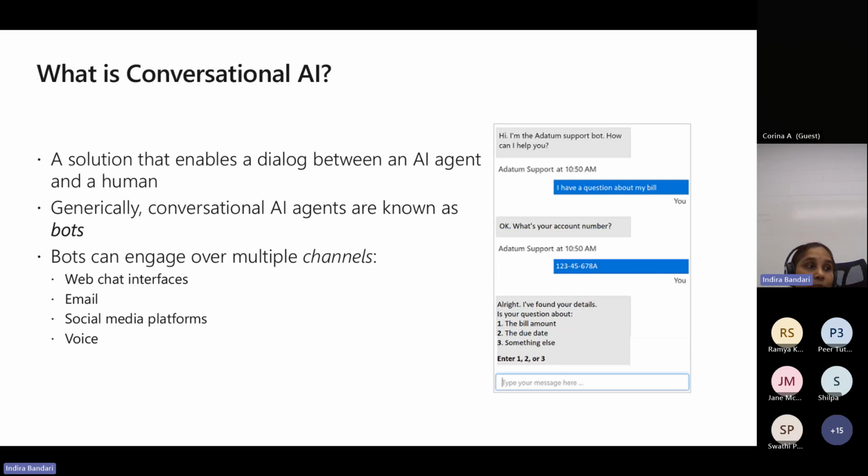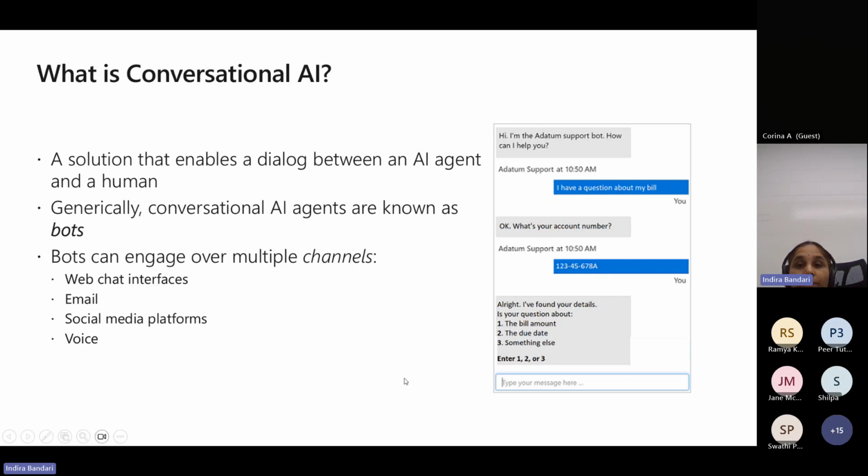And online ordering, you can also use bots. And healthcare, sometimes you can use bots for automated diagnosis. You can key in your symptoms, and then it will give you possibilities of what the diagnosis can be. And like that there are several examples.